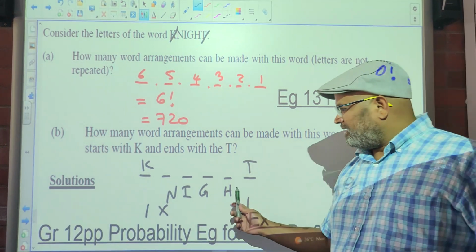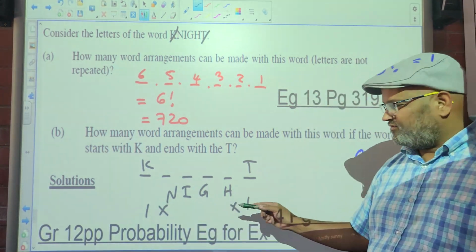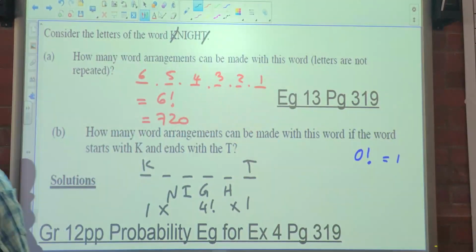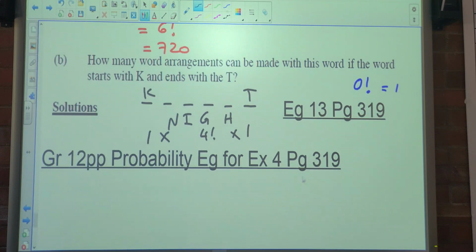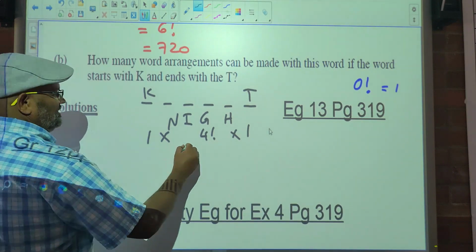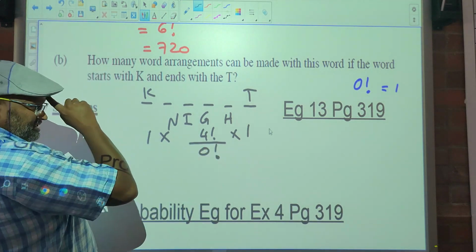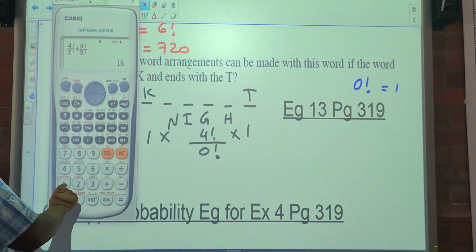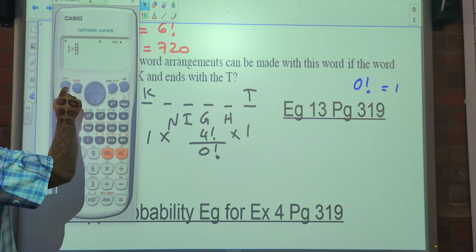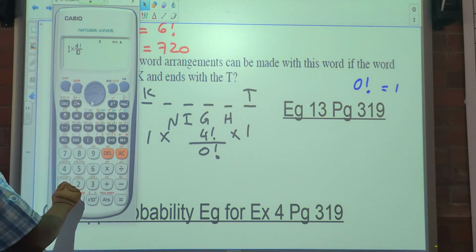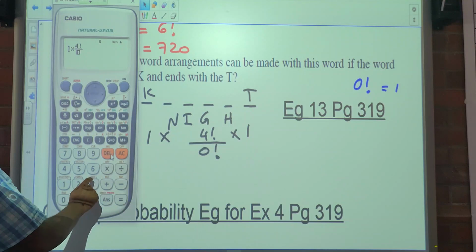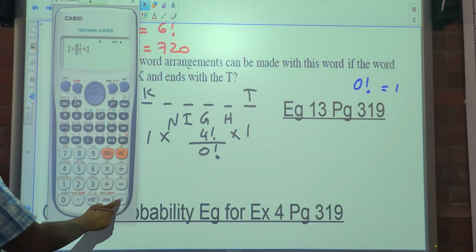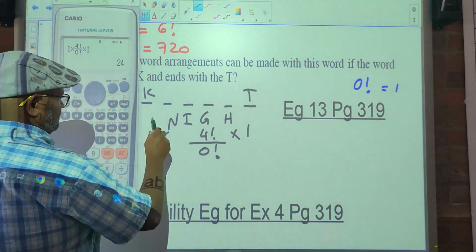So how many letters are left? 4. So it's 4 factorial over. How many repeated letters are there? 0. 0 factorial. Then of course you can put this in a calculator. 1 times 4 factorial over 0 factorial times 1. And the answer is 24.